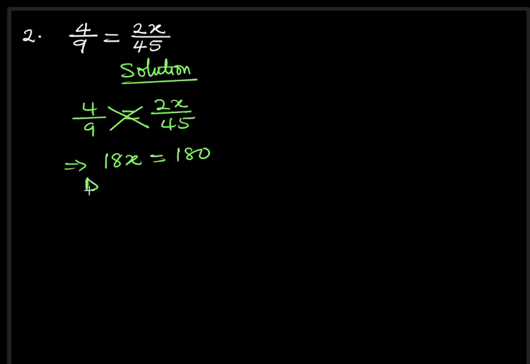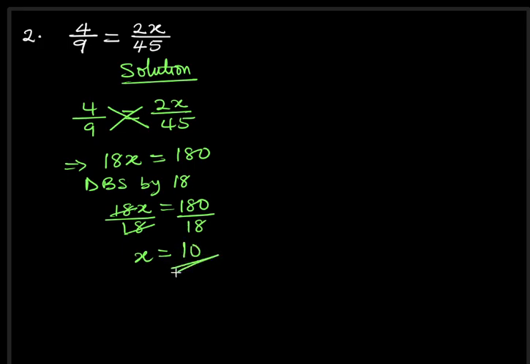So at that point, we divide both sides by 18, and that will give us 18x equal to 180, all over 18 and all over 18. So this will cancel, and then our x will be equal to 180 divided by 18. That will give us 10.